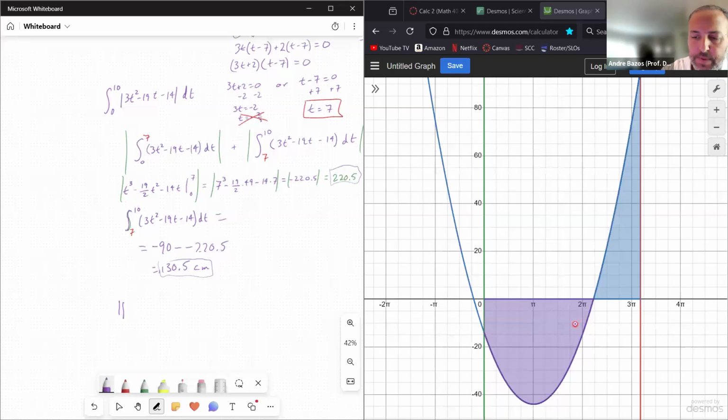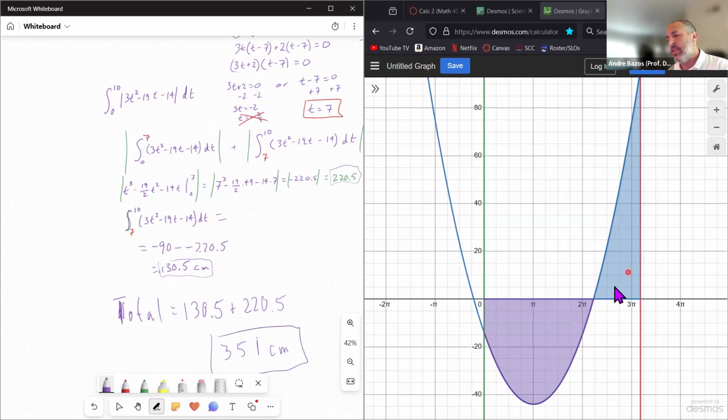Total is equal to 130.5 plus 220.5, which adding them would get us 351 centimeters.